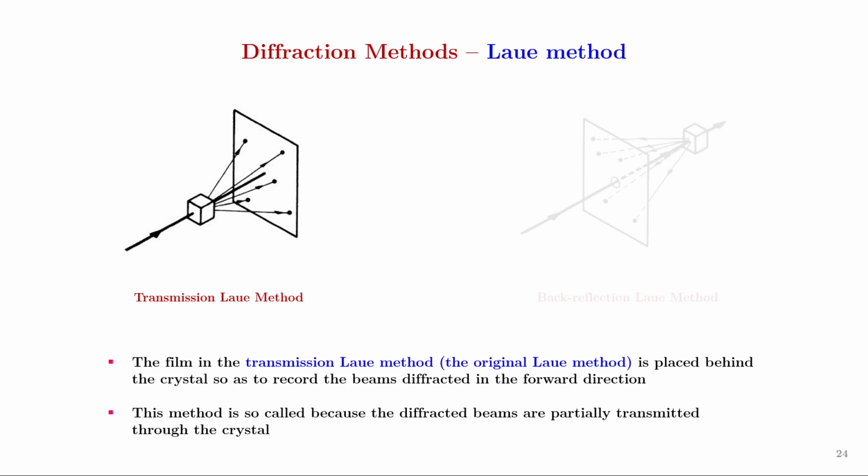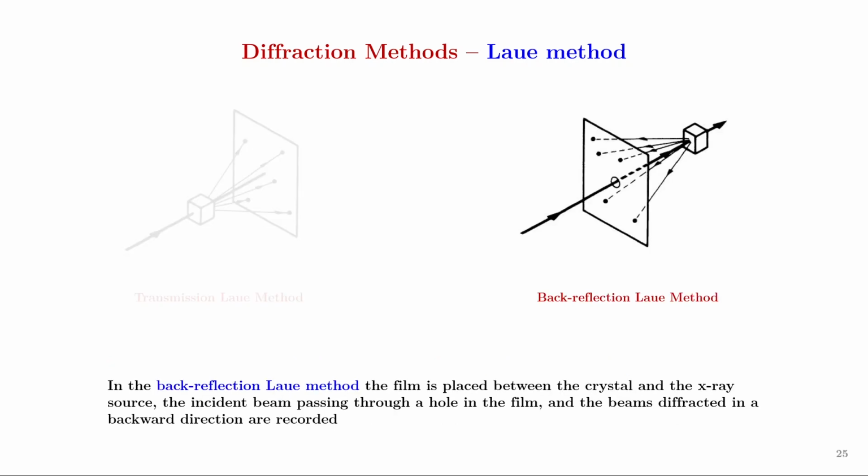This method is so called because the diffracted beams are partially transmitted through the crystal. In the back reflection Laue method, the film is placed between the crystal and the X-ray source, the incident beam passing through a hole in the film, and the beams diffracted in a backward direction are recorded.